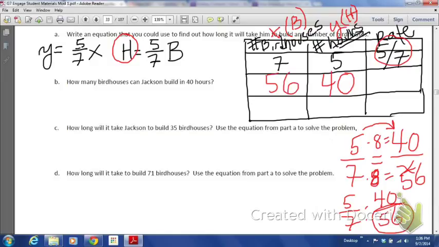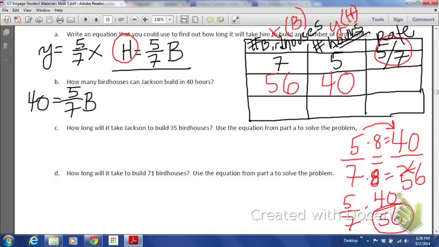Now when it comes to doing this algebraically, we'll go back to what I introduced to you last time. We could use our formula, h equals 5/7 b, and plug in what we know. What we know here is 40. We know the hours equals 5/7 b. I'm just going to continue down here, and I'll erase it later.